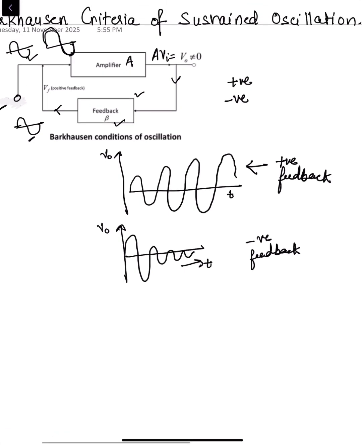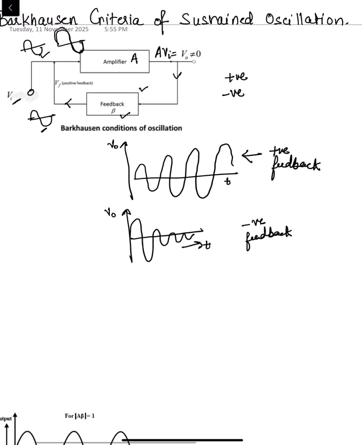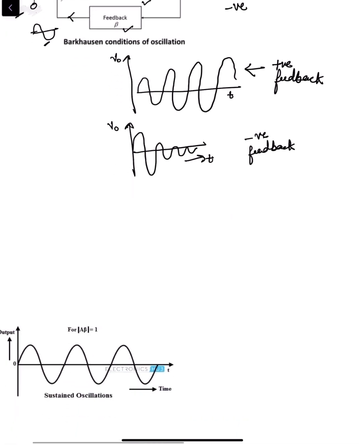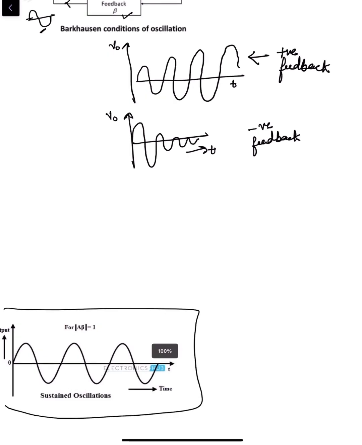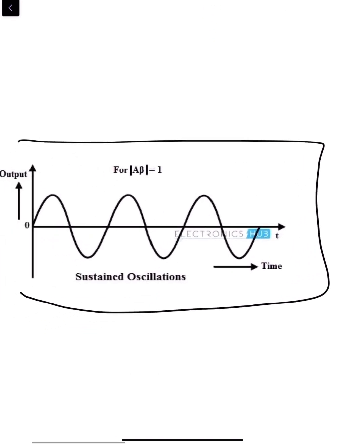Now in an oscillator, what we want is that the output should neither be increasing nor decreasing. That means the output should be of this form as shown in this figure. Now there is a term which we call sustained oscillation. What is the meaning of sustained oscillation?